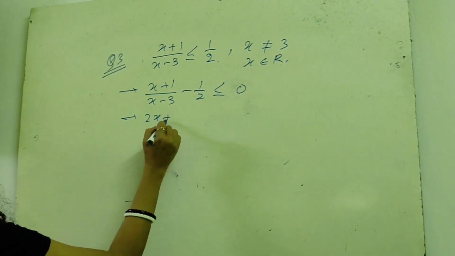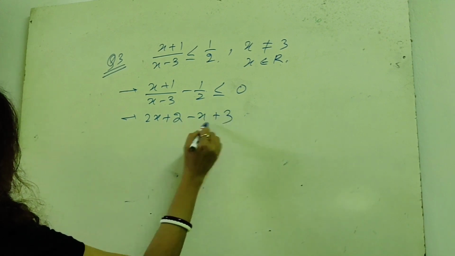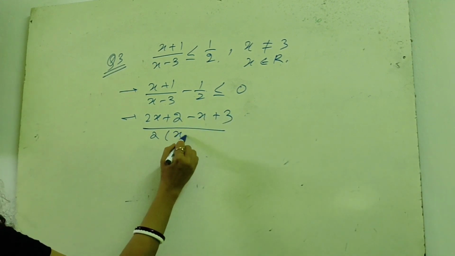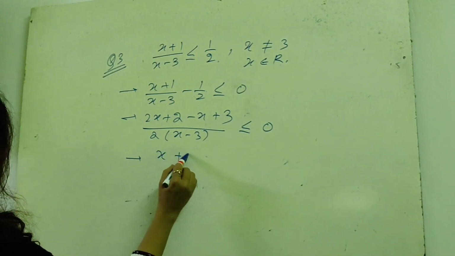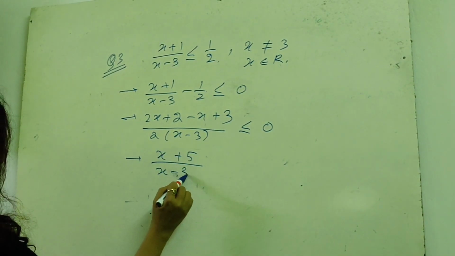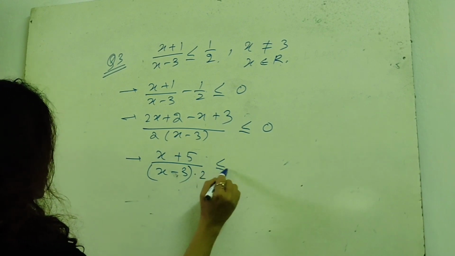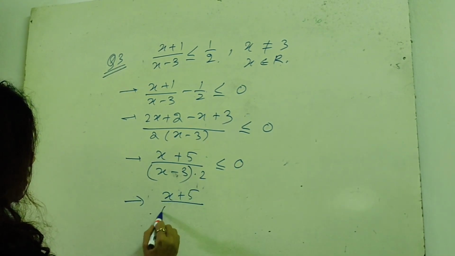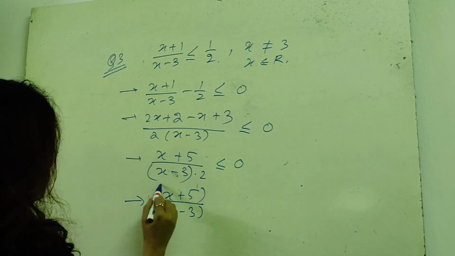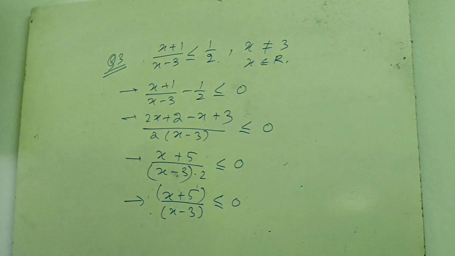So the LCM will be x plus 5 by x minus 3 into 2 less than or equal to 0. So x plus 5 by x minus 3 less than or equal to 0.